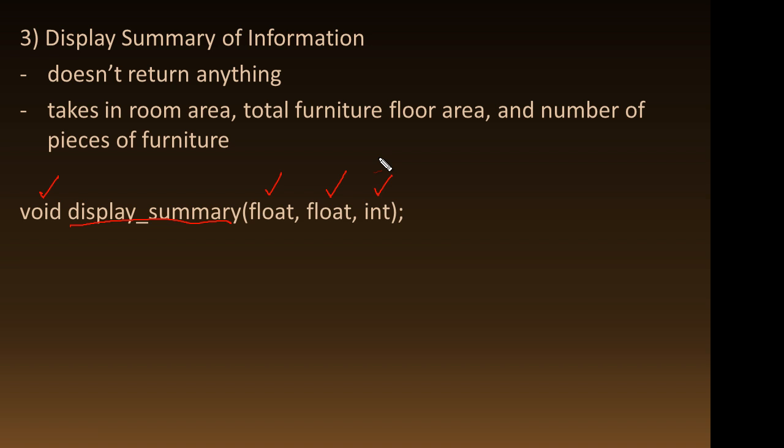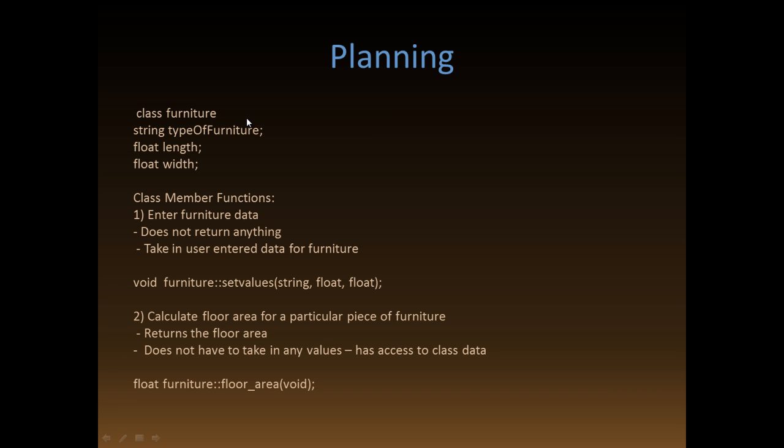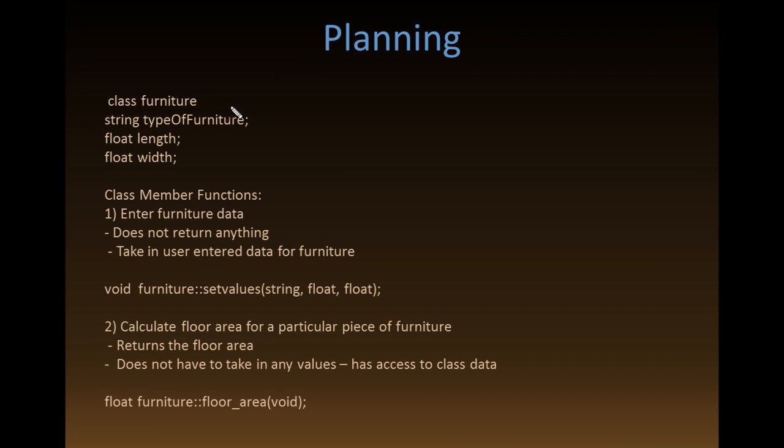The next thing we want to look at is the class that we made and the class member functions. Okay, for our class and member functions, first we have to define the class itself. So the name of the class is furniture, and then we have all the data that is going to go along with that furniture.